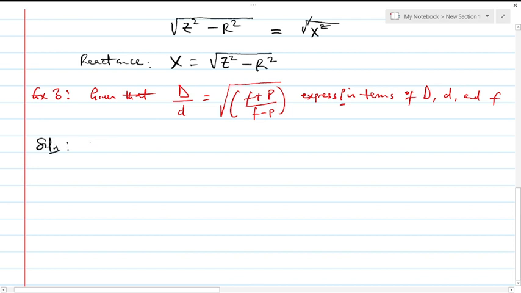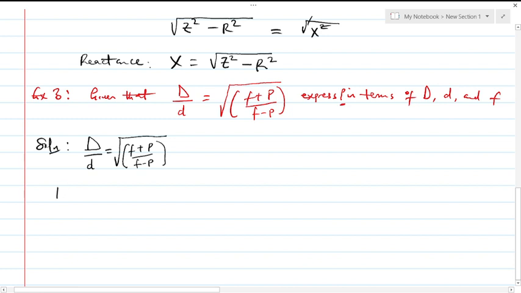We have capital D over small d equals square root of open bracket f plus p over f minus p. Before we know what to do, the first step is to remove the square root by squaring both sides.